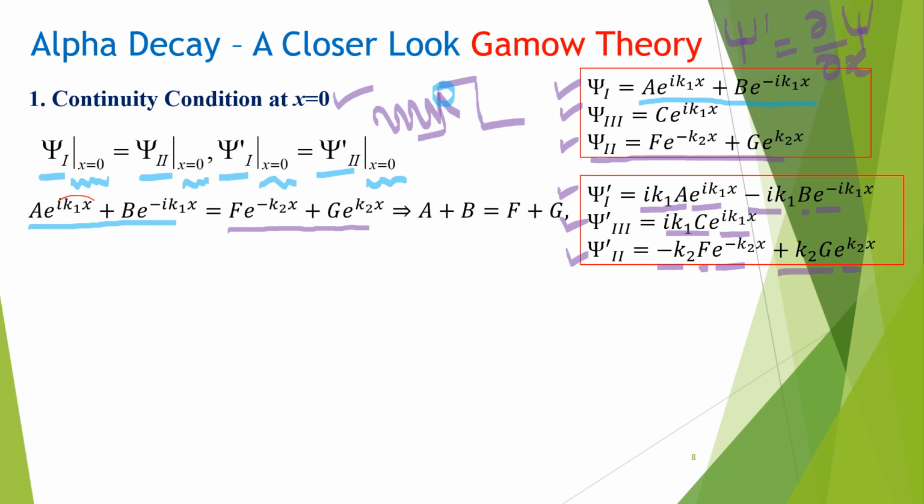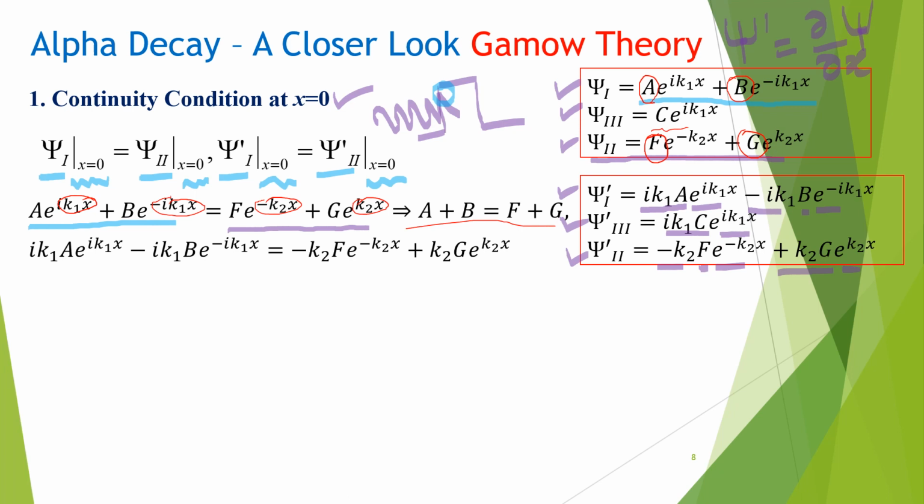So e to the 0 will be 1, again e to the 0 will be 1, and e to the 0 will be 1. So a plus b is equal to f plus g. So here the main objective we have in mind is to evaluate at least 4 constants out of 5. So I want to evaluate A, B, F, G, and then I shall eliminate C separately, that you will see when the discussion goes on.